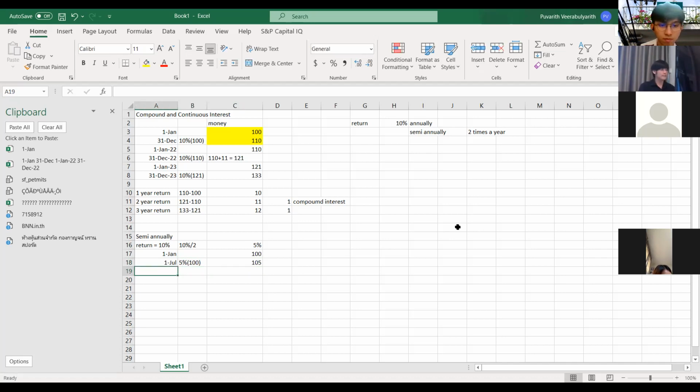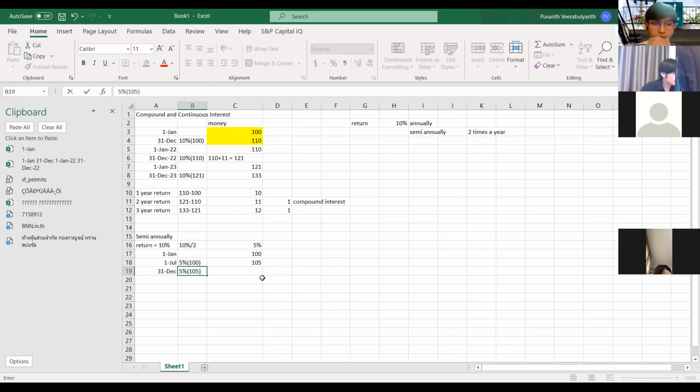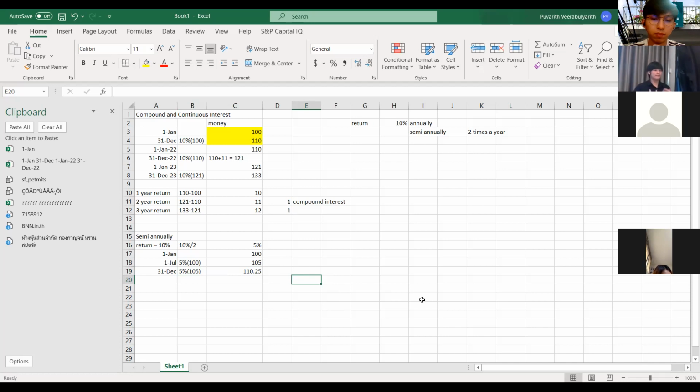And then at the end of the year, 31st of December, you will get another 5% return, right? So the 5%, but your money is 105, so you will multiply by 105. So you will have 110.25 baht. Okay, and in the second year, you will get your first 5% return again, as in the previous example.